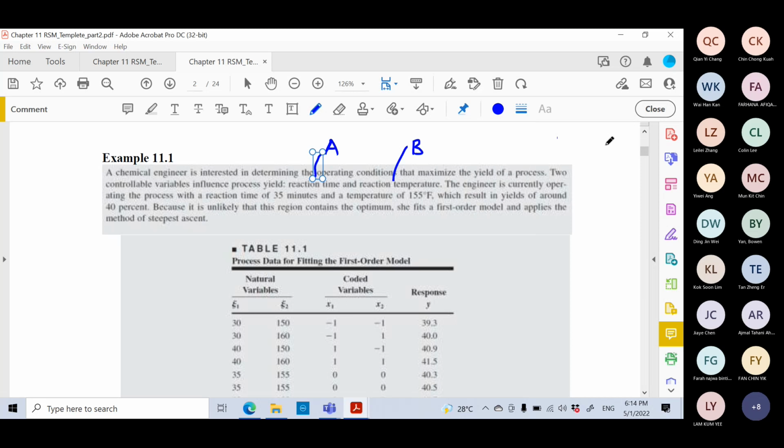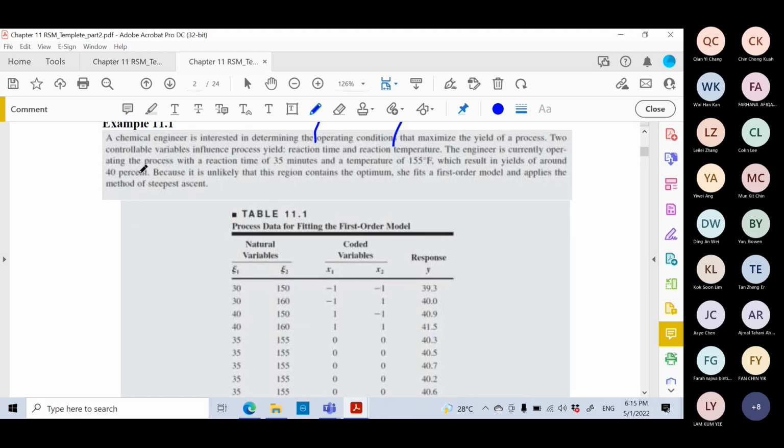You want to study how the two factors influence the yield of the process. The first factor is factor A, the reaction time, and the second is the reaction temperature. The engineer is currently operating the process with a reaction time of 35 minutes and a temperature of 155, which results in a yield of around 40%.